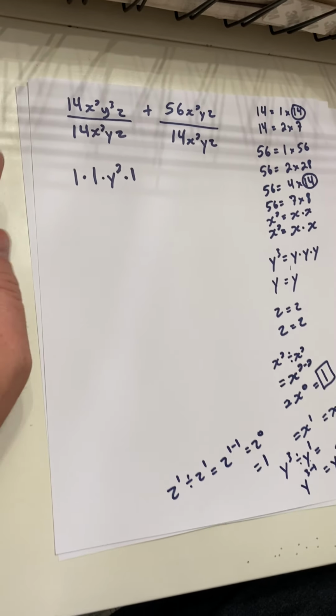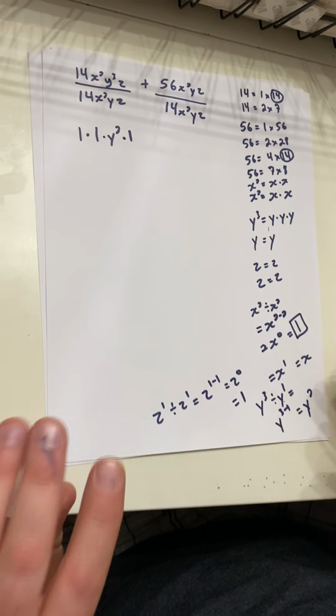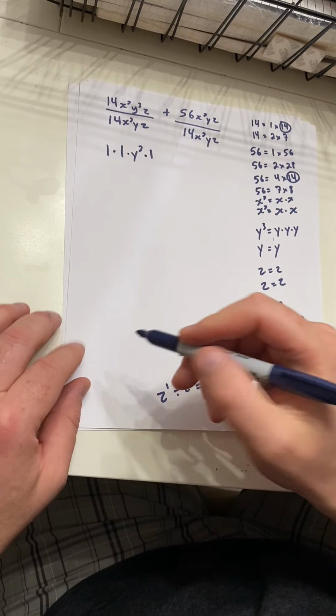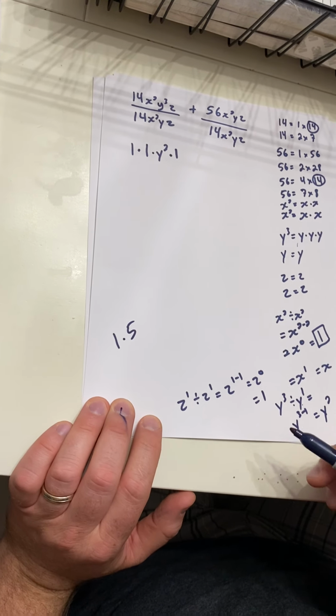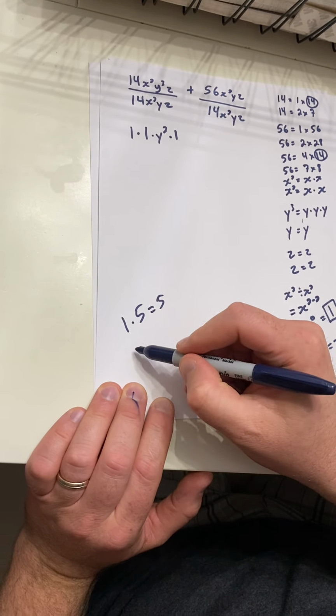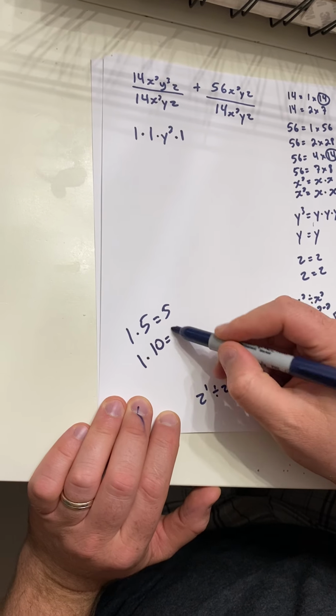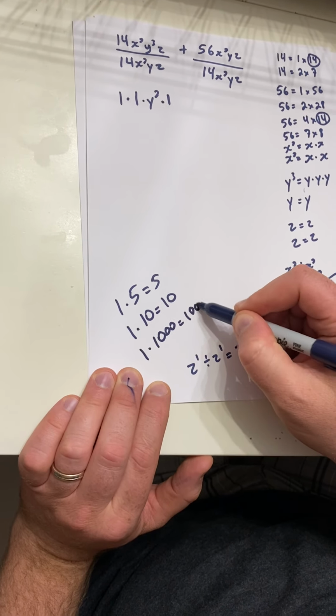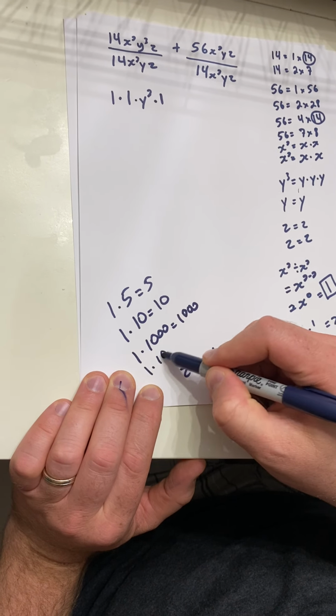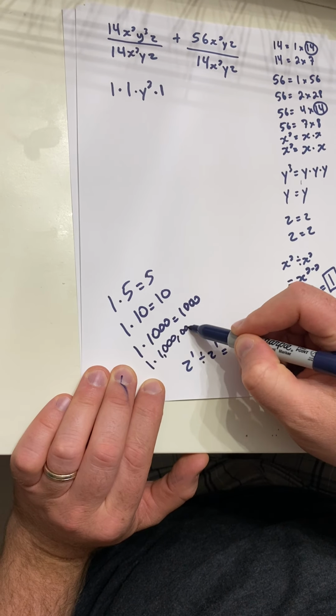So here's how I like to think about it. This is the example I always show my students. Anytime I do 1 times a number, for example, what's 1 times 5? 5. What's 1 times 10? 10. What's 1 times 1,000? 1,000. What's 1 times 1,000,000? A million.